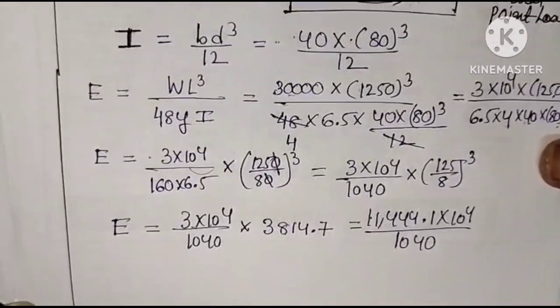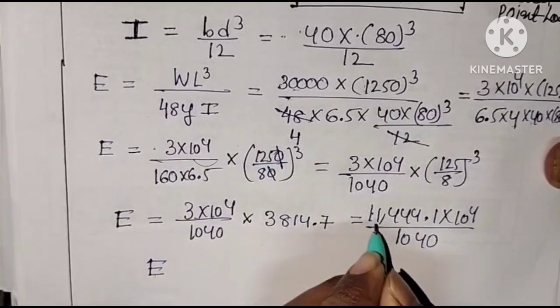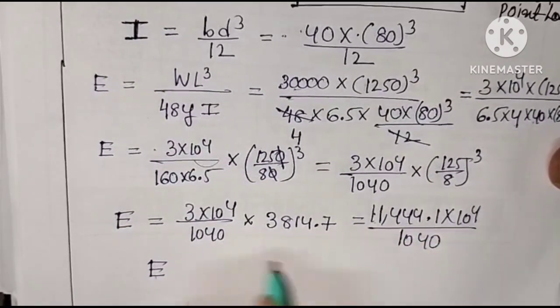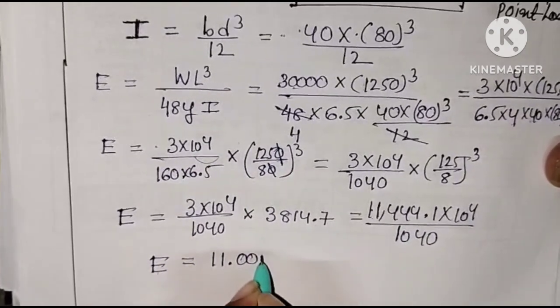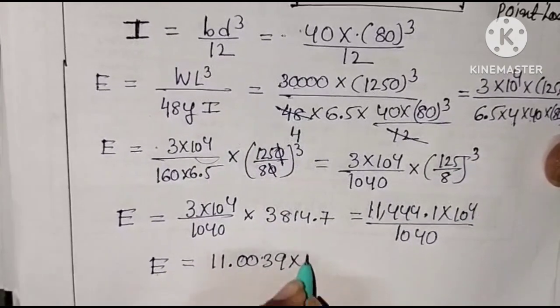Now simplify further. E equals 11,444.1 by 1040, the value is approximately 11.0039 into 10 power 4.